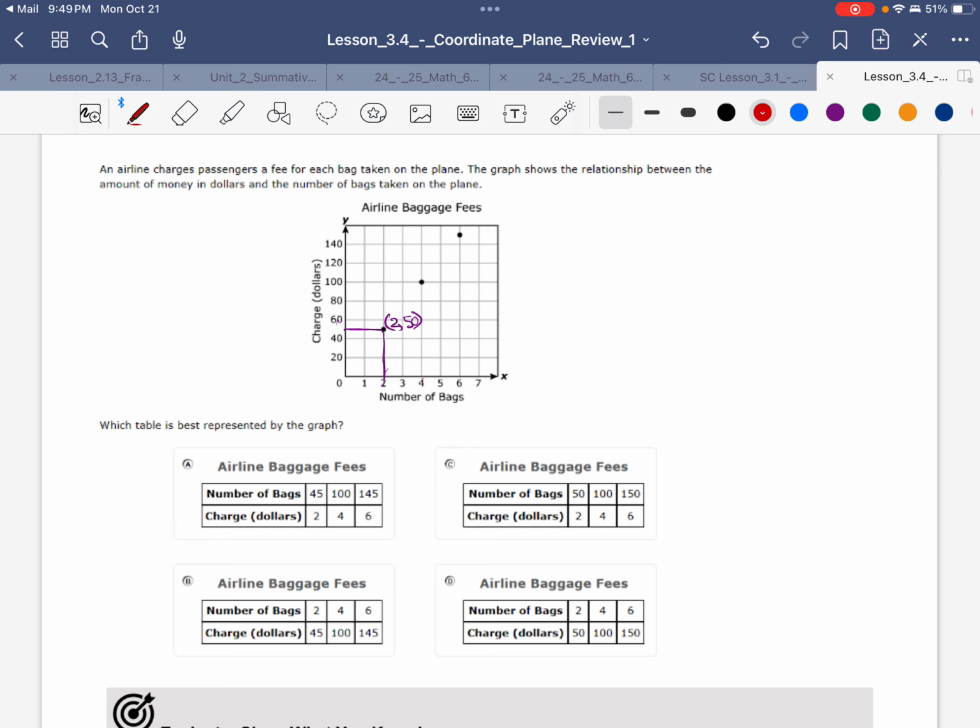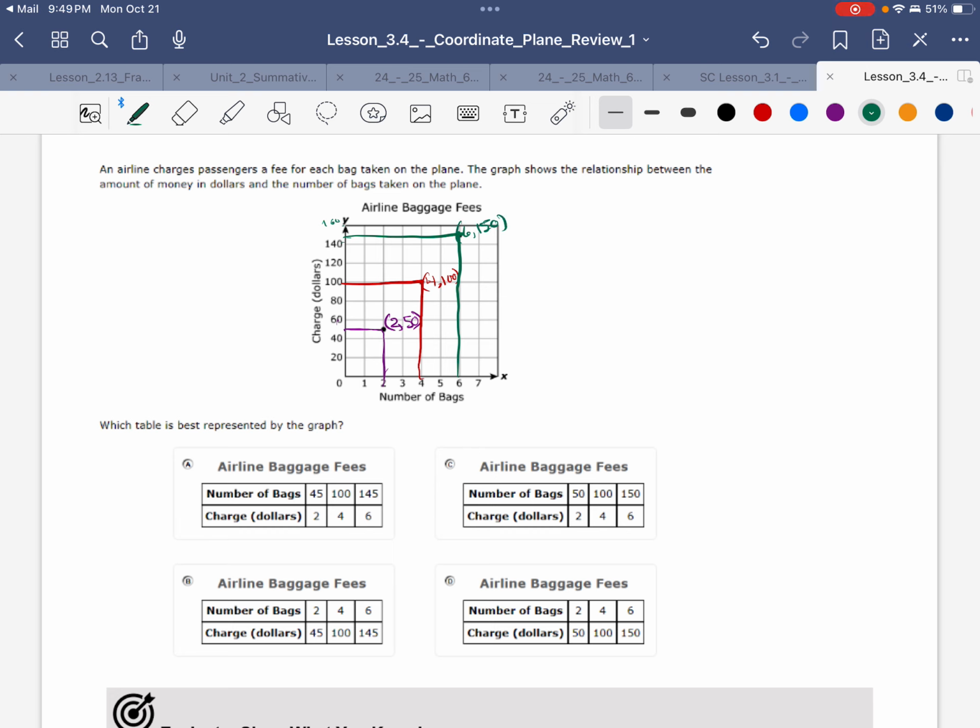Okay. So now 4 and 100. Now let's do this one. 6. It's past 140, but not quite 160. That's up here. So this one would be 6 and 150.